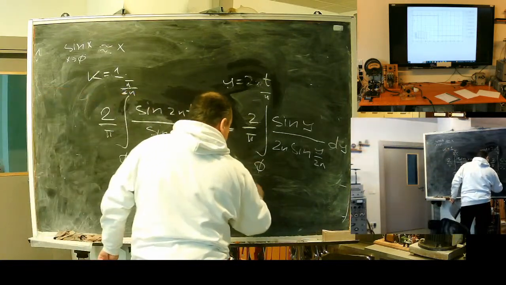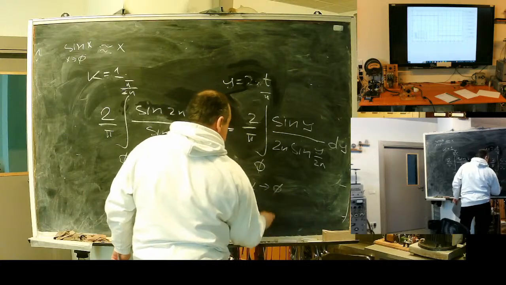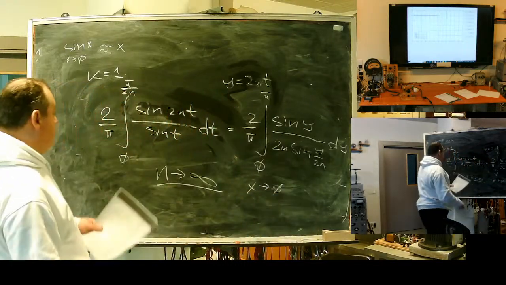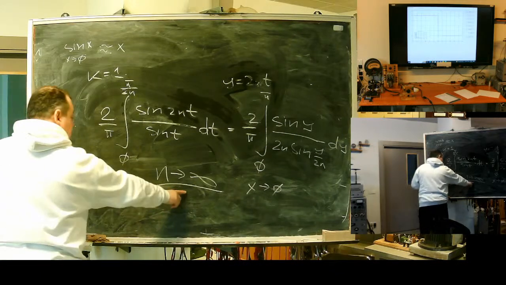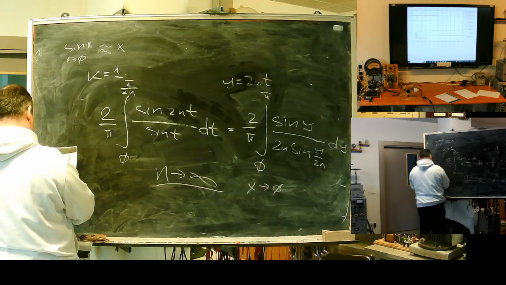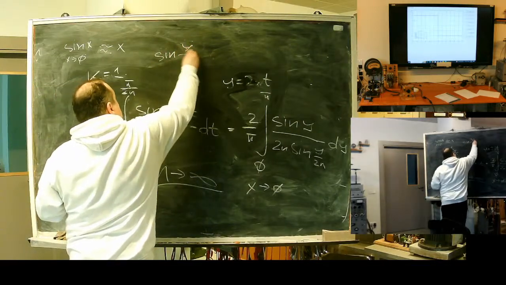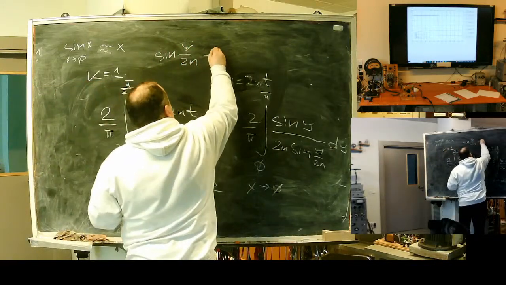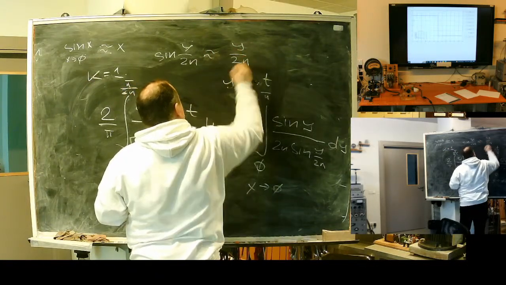Longer row means the x point of the extrema shifts towards 0. So with this, we can approximately replace the sine with the angle itself.